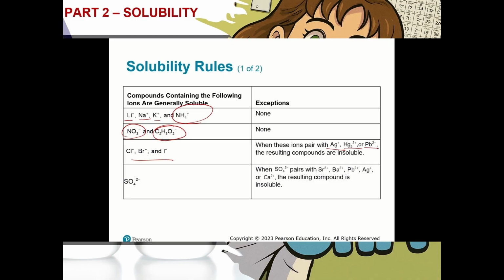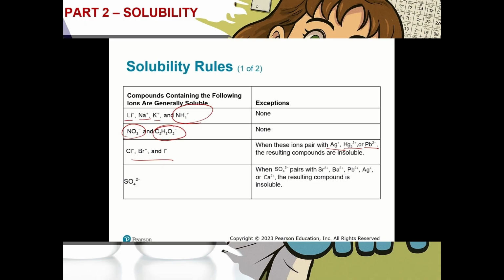In this case, the result will be a compound that is not soluble. Sulfate is soluble. However, if sulfate pairs with strontium, barium, lead, silver, or calcium, the resulting compound is not soluble. So you will need to memorize these rules.